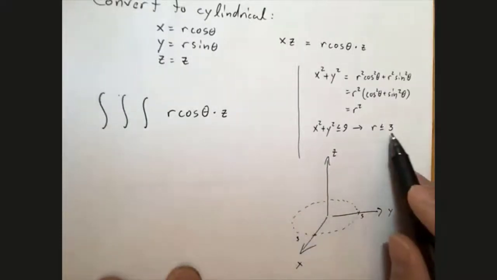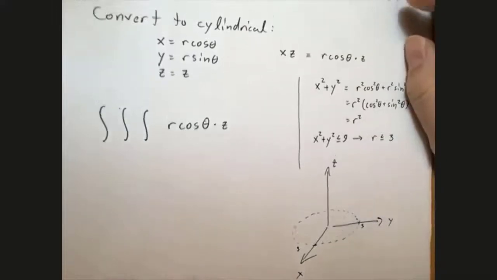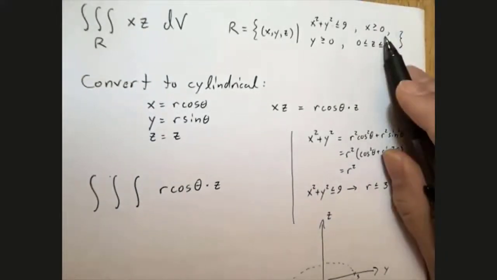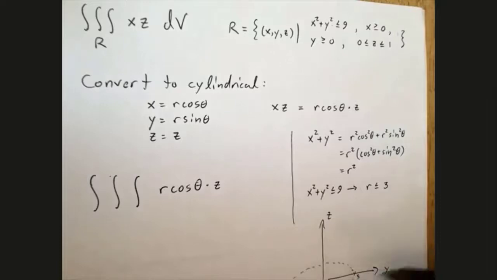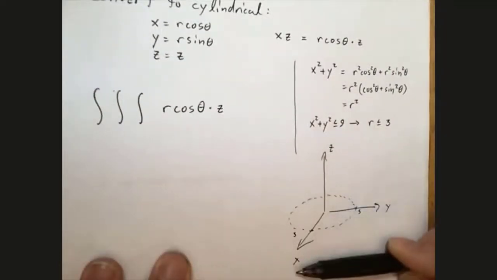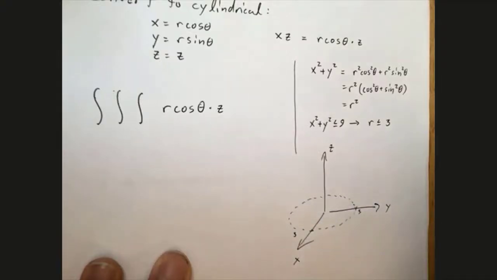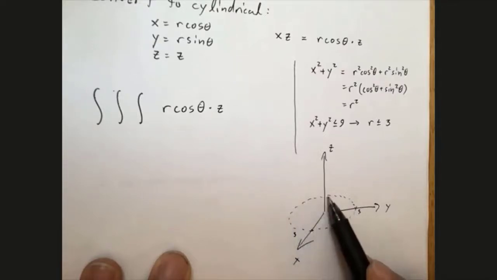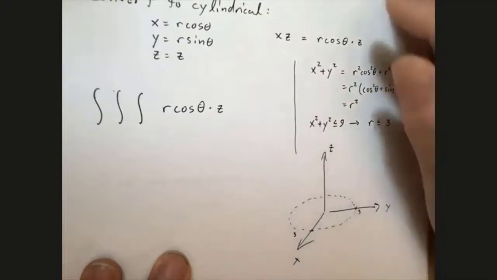That's what this is telling us. X is greater than 0 tells us that we are up here. We're in this part. We're at the positive x-axis. So we can ignore this back side of the circle, right? So we're really only looking at this front part up here. Those points in the back are not part of the region.